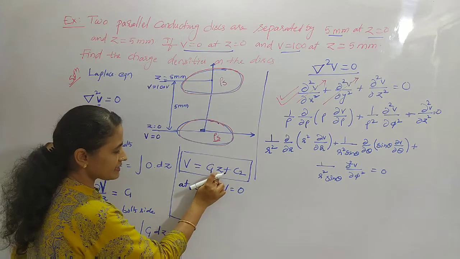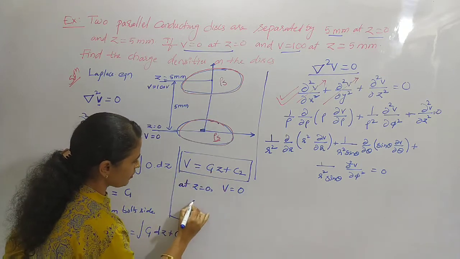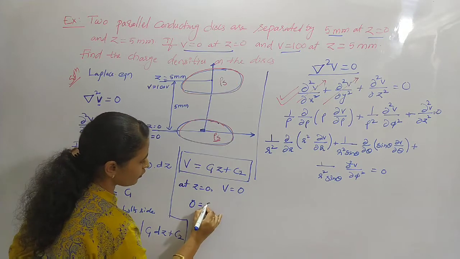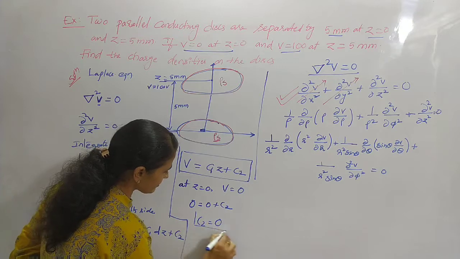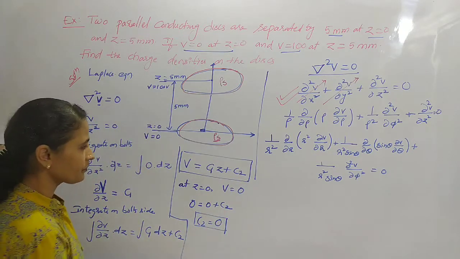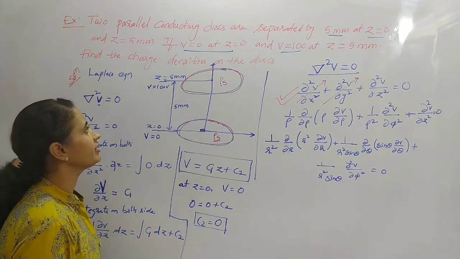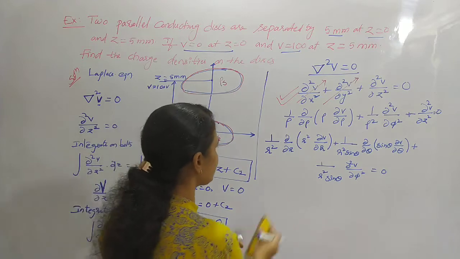Putting Z equal to 0 gives 0 equals 0 plus C2, so C2 is 0. We have got the second constant as 0. Now let us use one more condition given to obtain the value of C1. So I will erase this part.